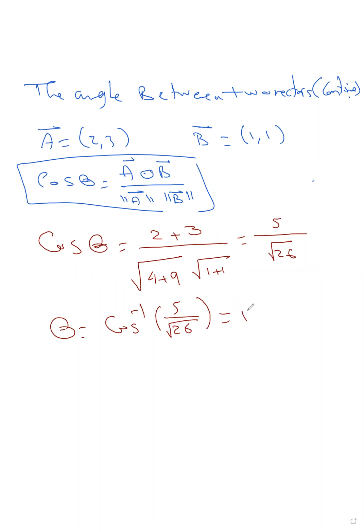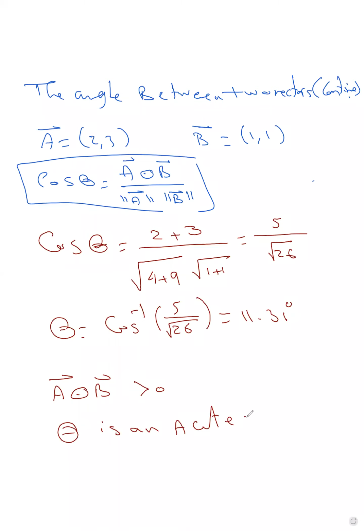The angle is 11.31 degrees. اوكي طيب طلع هنا خلي بالك ان ال A dot B طلع positive يبقى الثيتا is an acute.